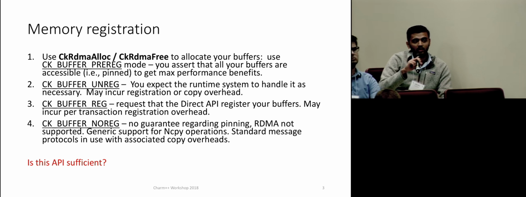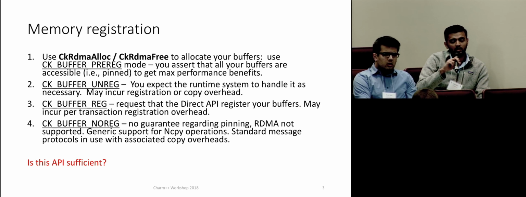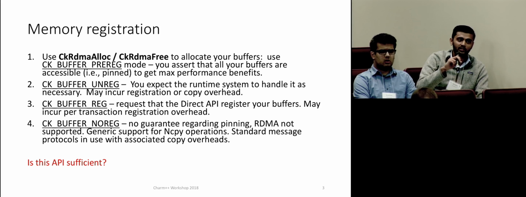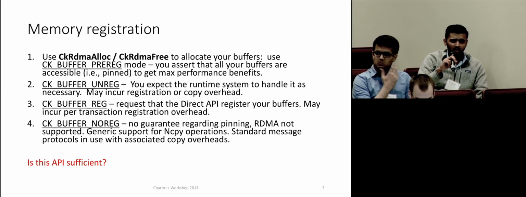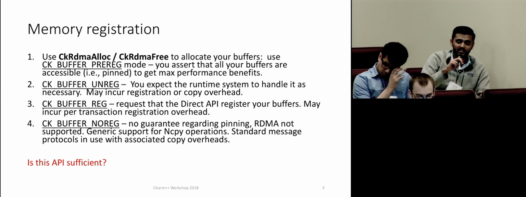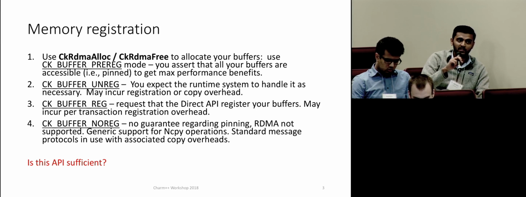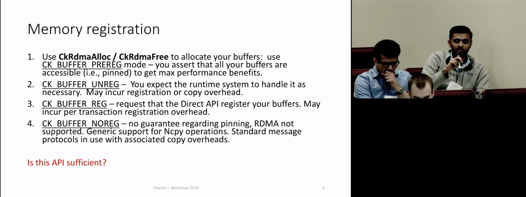There's nothing as such that we can do. The only way we can have more registered slots is if we intelligently deregister, which is what we do in some cases. We are planning to have a registration cache in the future where, if there is a particular buffer which is not used, the runtime can deregister it.